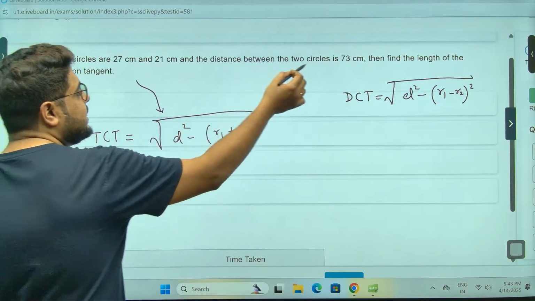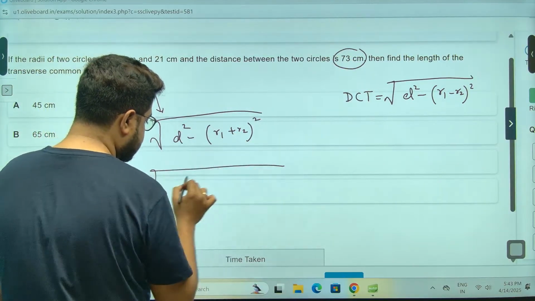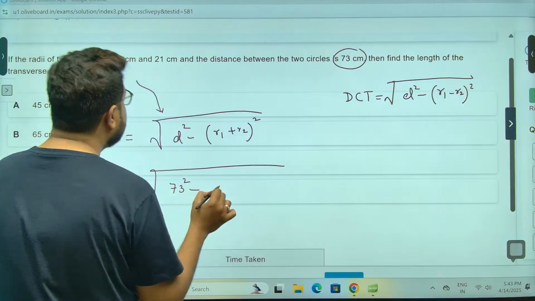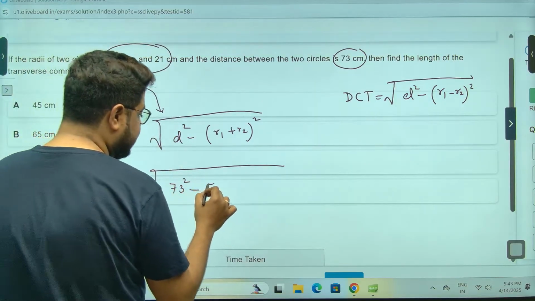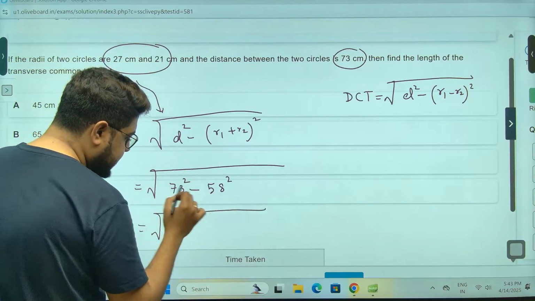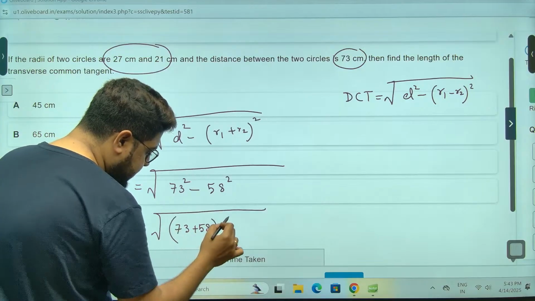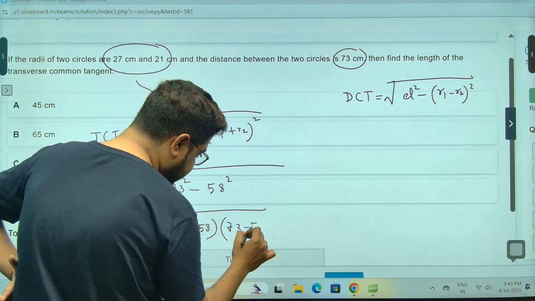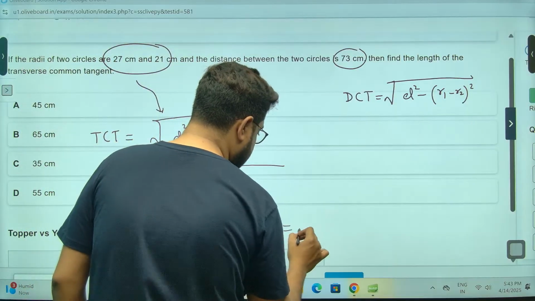Distance is given as 73. R1 plus R2, 27 plus 31, is 58. Now, do not multiply normally, sir. It is 73 plus 58, and 73 minus 58. बाप रे.